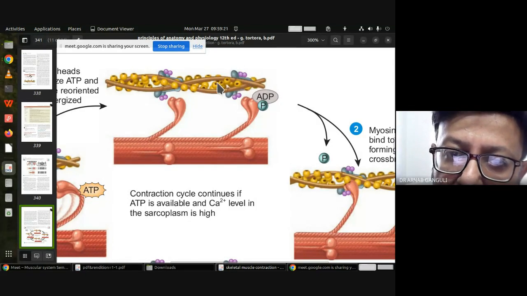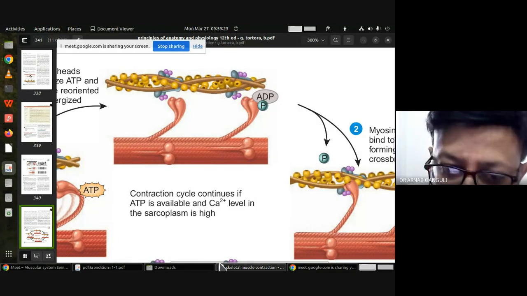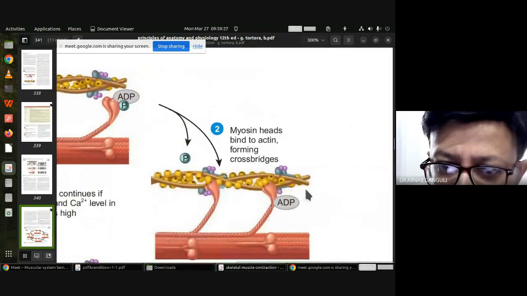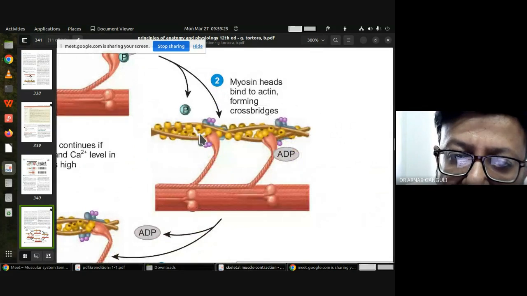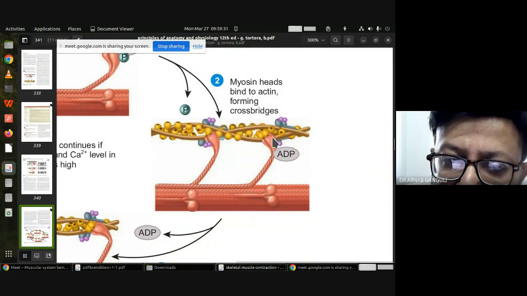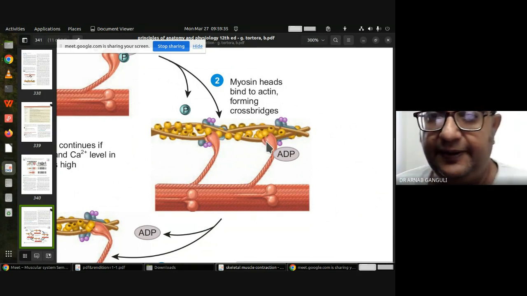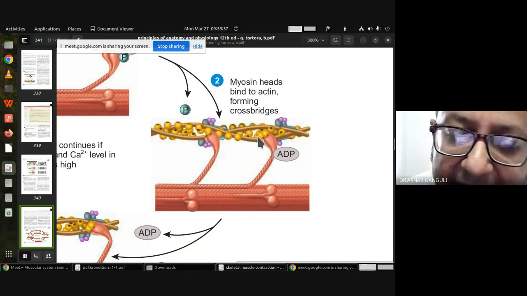It has bound to tropomyosin and it has exposed the heads. On this exposed head, this myosin bound to ADP goes and binds. And this is known as a cross bridge.